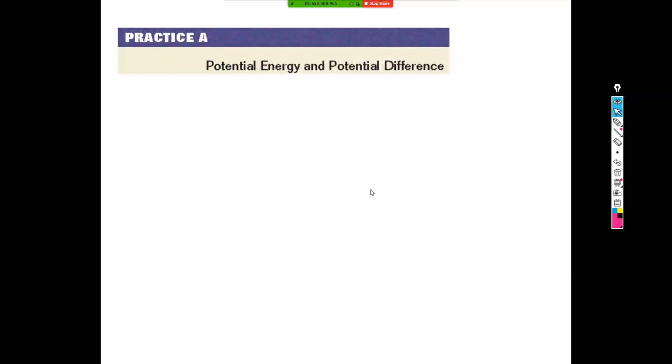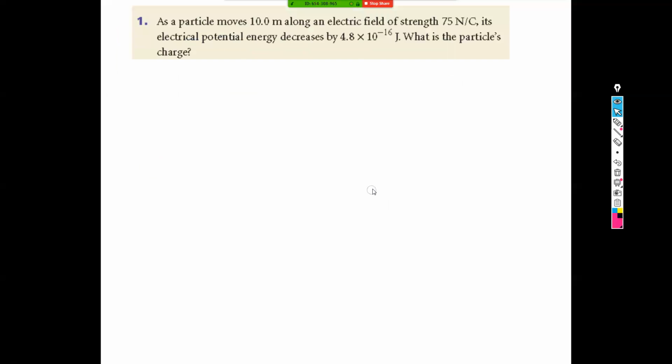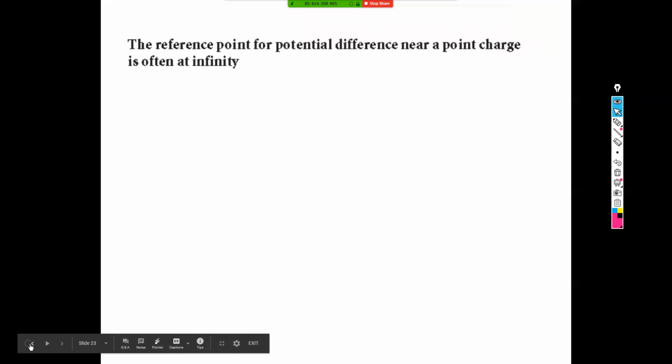I'm going to get to some problems here. Actually, let me go back one second to this last equation.